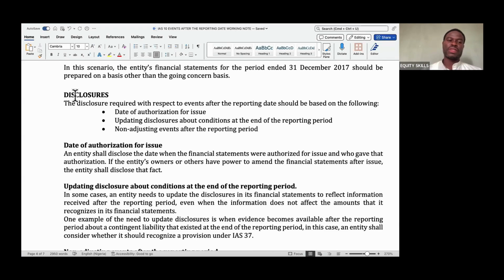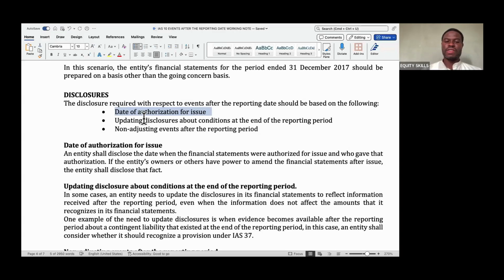Finally, in the notes to the accounts, an entity must conspicuously show the date when the financial statements are authorized for issue. The date of authorization must be stated very clearly.